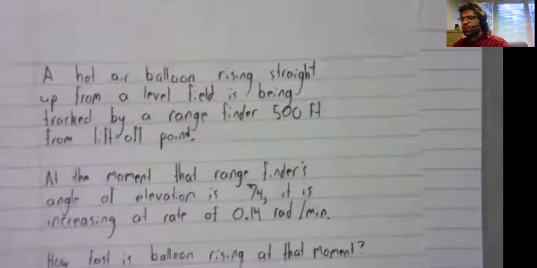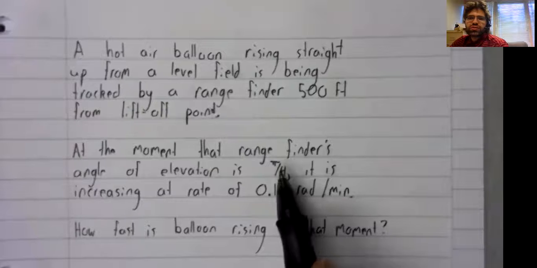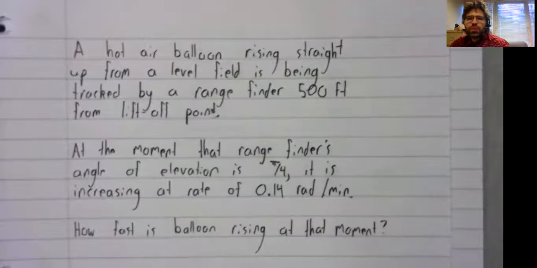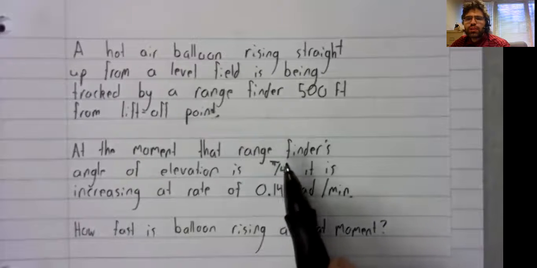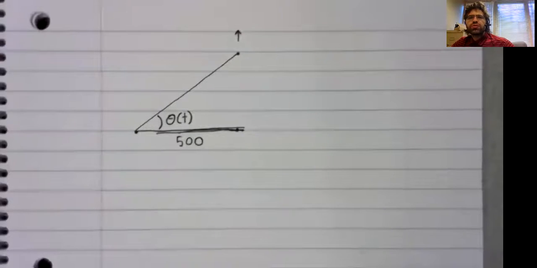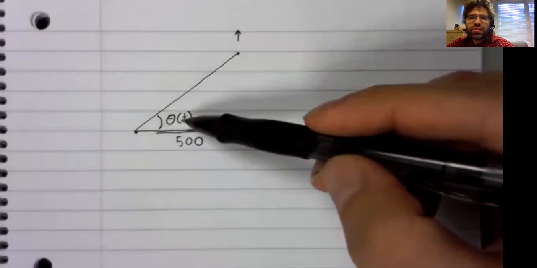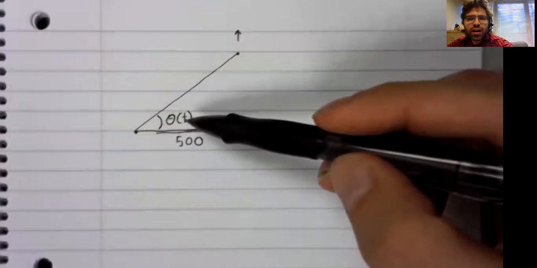So it's true that ultimately we are interested in a specific angle of elevation, pi over 4 radians, but the fact that we're ultimately going to ask what happens here shouldn't make us lose sight of the fact that the angle of elevation is a function with respect to time.